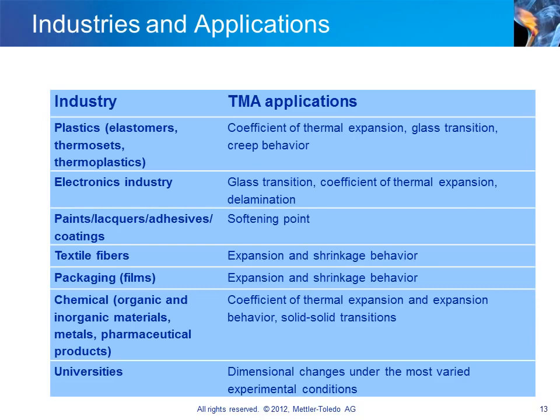In universities and academia, dimensional changes of materials are investigated under the most varied experimental conditions. In the following slides, I would like to present several different application examples that demonstrate the analytical power and versatility of the TMA technique.